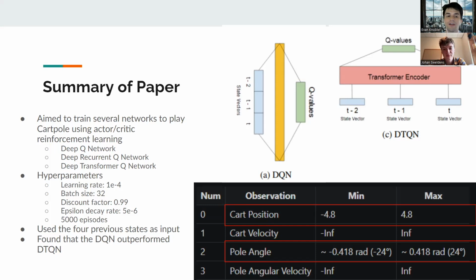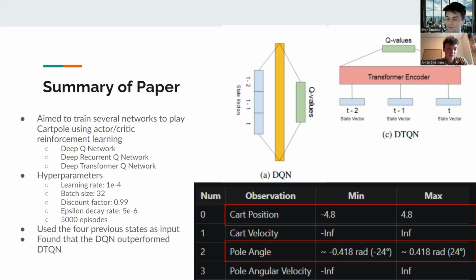So some nuance that the paper introduced was, instead of using the typical state space that was provided by OpenAI, they used a different method. You can see on the right side on the bottom, this is the observation space of the cart pole game in the OpenAI environment. It includes cart position, cart velocity, pole angle, and pole angular velocity.